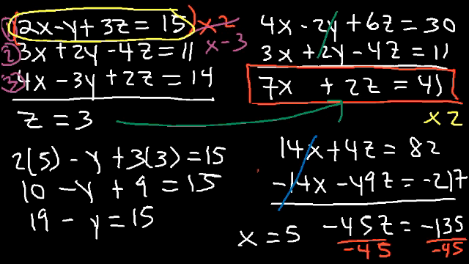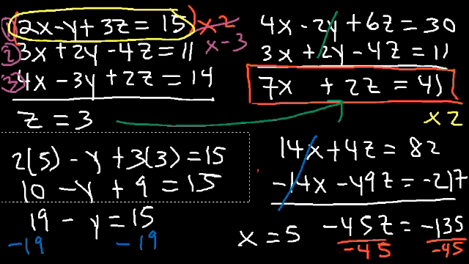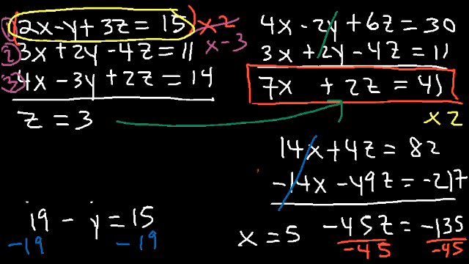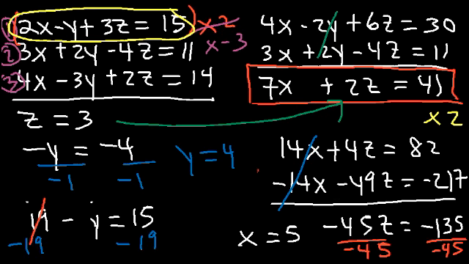And if we subtract both sides by 19, we can see that negative y is going to equal negative 4. So if we divide both sides by negative 1, y is equal to positive 4.